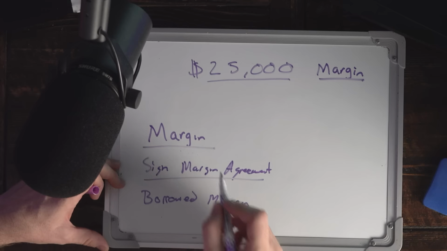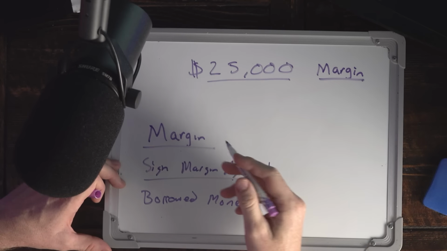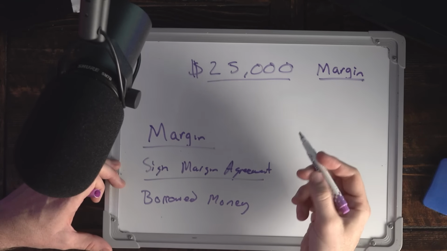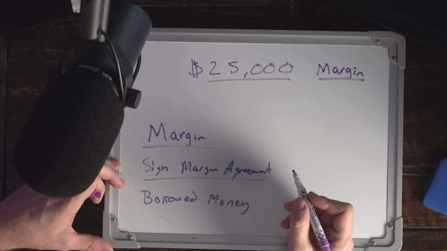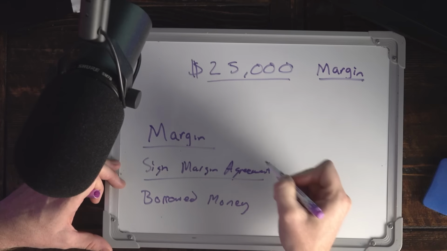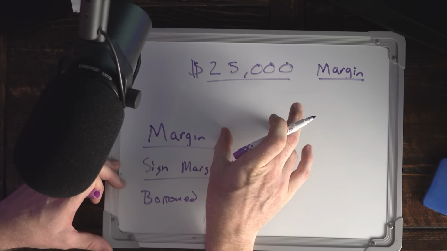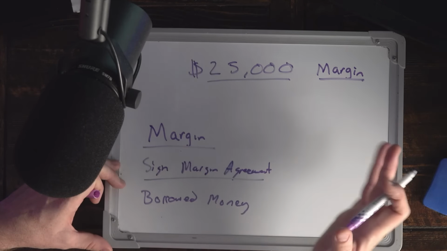And now you don't have to wait 3 days for each trade to settle. You could trade that same money again and again and again. What the broker is actually doing is lending you money, because the trades still take 3 days to settle, but they're not making you wait for that money to clear before you can trade. So they'll let you keep trading.